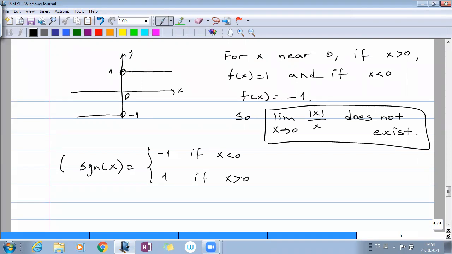But instead of writing it piecewise like this, you can also say it is absolute value of x over x, or x over absolute value of x. They're all the same thing. Whichever you prefer. Any other questions? And it's an odd function. Signum x is an odd function.